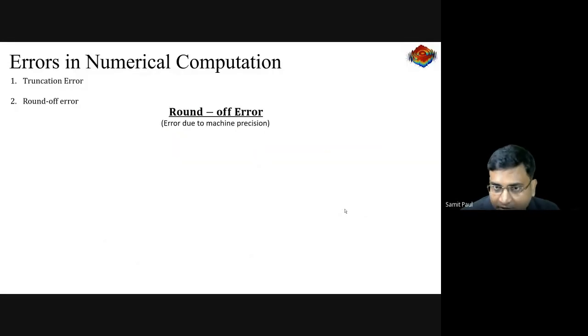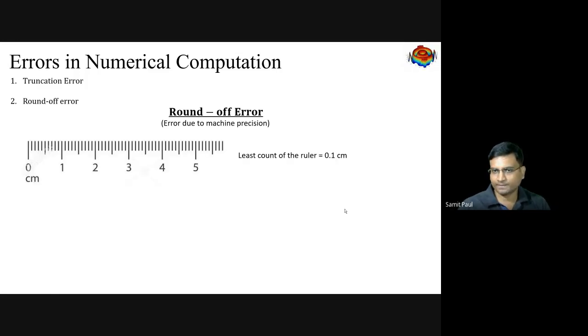The next one is round-off error. Round-off error is kind of similar to what is called machine precision. Now, to understand machine precision, you have all seen a ruler, a simple scale with which we used to measure the distance between 2 points during our class 5 or class 7 geometry classes.